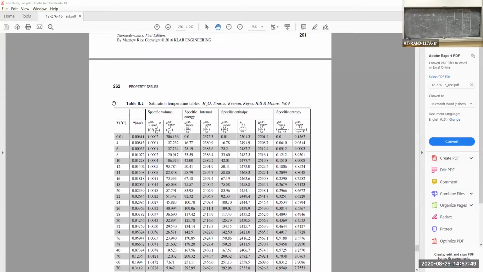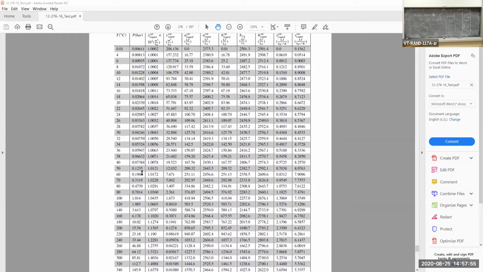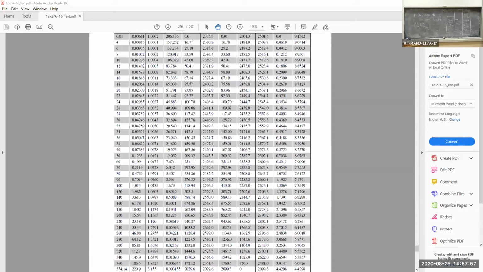So this is from the text. Okay, let's see if we can find a pressure equal to 1 atmosphere. This is in bar. 1.014, that's actually 1 atmosphere right there. Move over to the left.